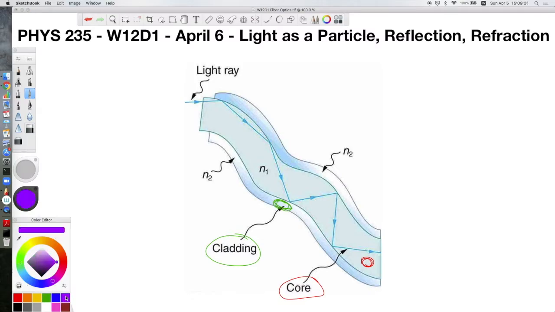The light ray follows this path outlined in blue, reflecting off of each of these surfaces. At each of those times the light ray encounters the border between the core and the cladding, it is reflected rather than refracted. So this means that total internal reflection is happening.